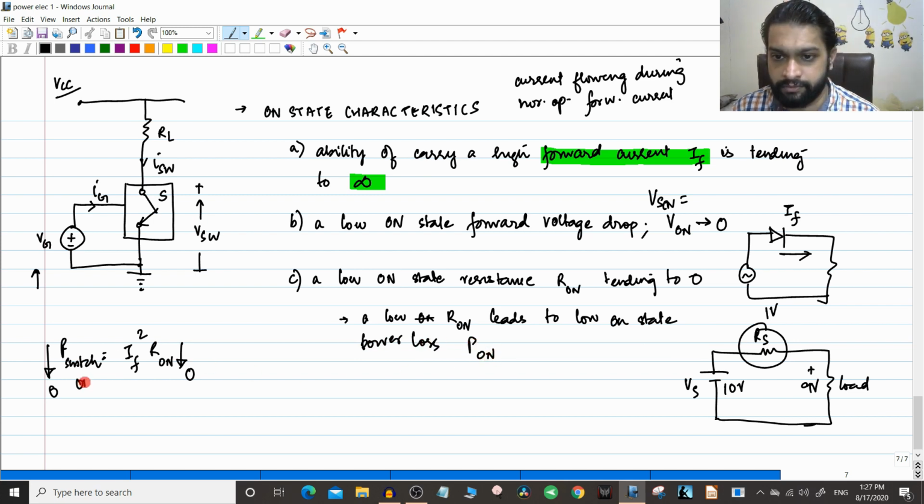Okay, P on or P switch. So this is the on state characteristics of the device. So basically it should have high forward current carrying ability. Second is that its voltage drop across the switch should be tending to 0, and also the on state resistance should tend to 0. So that is the basic idea.